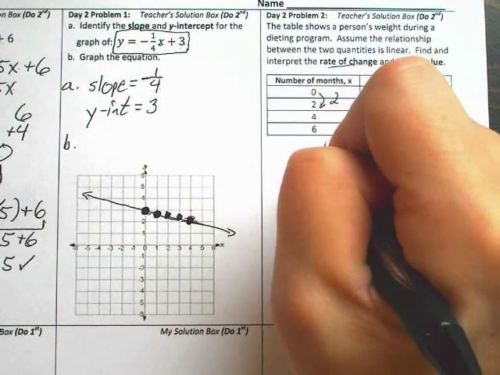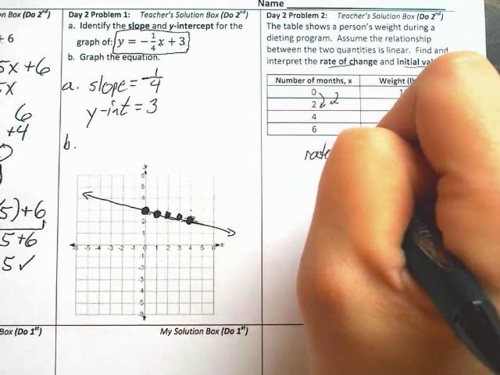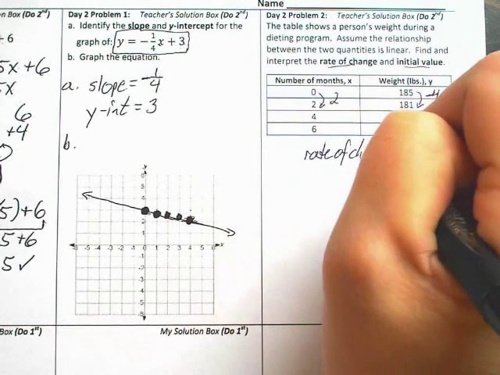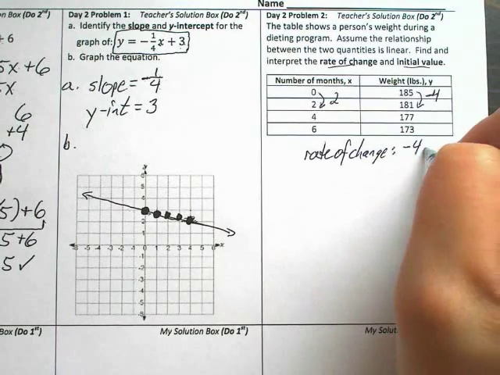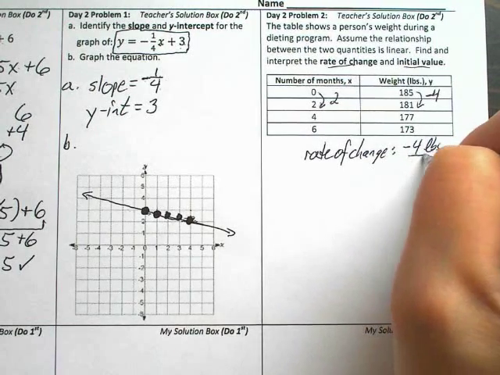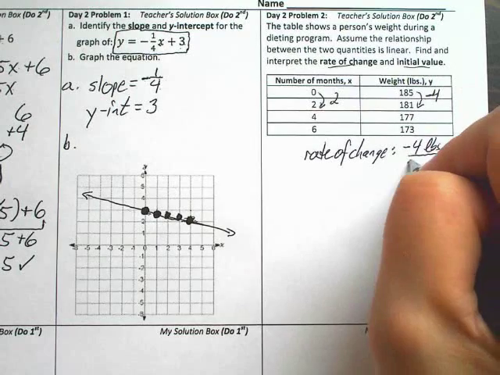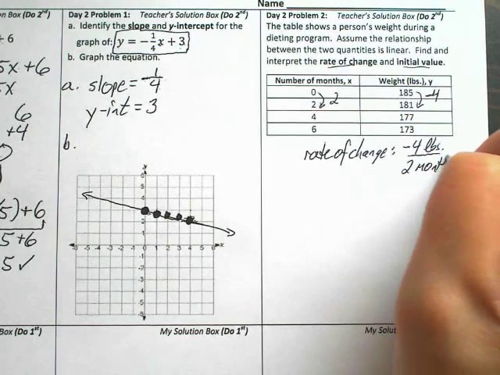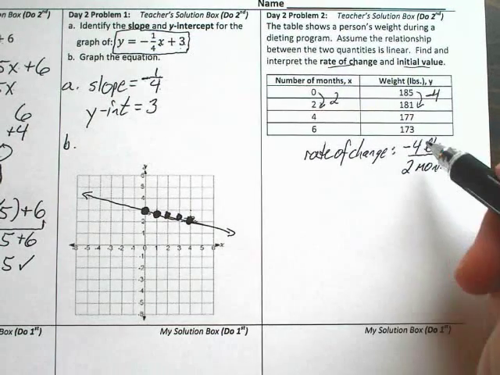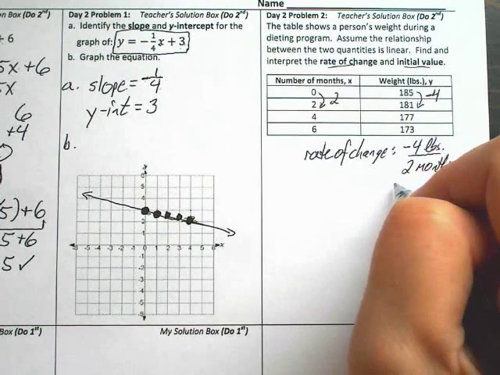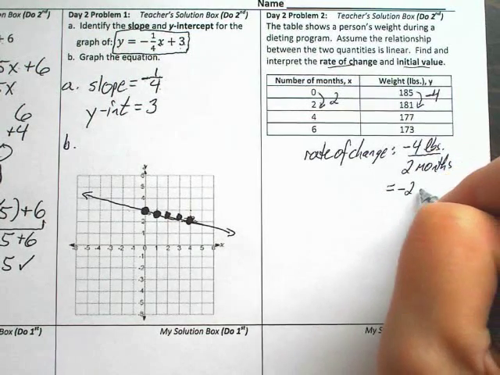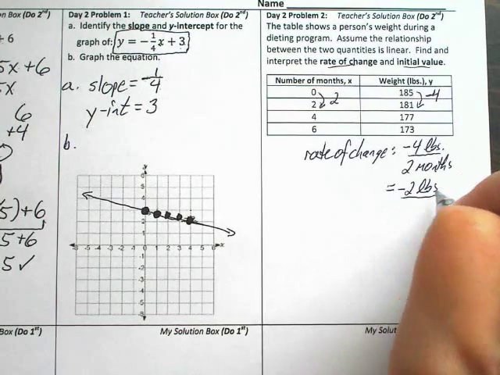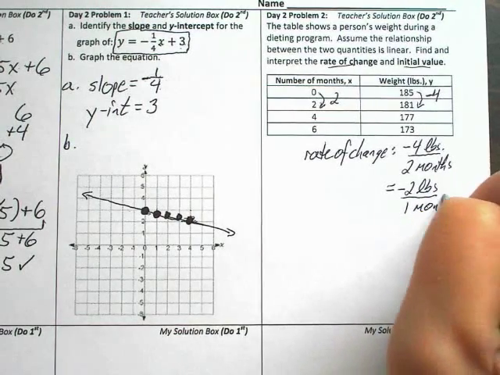Writing that as a rate of change, negative 4 pounds in 2 months. Now this is reducible. -4 pounds in 2 months, when reduced, means -2 pounds in 1 month.